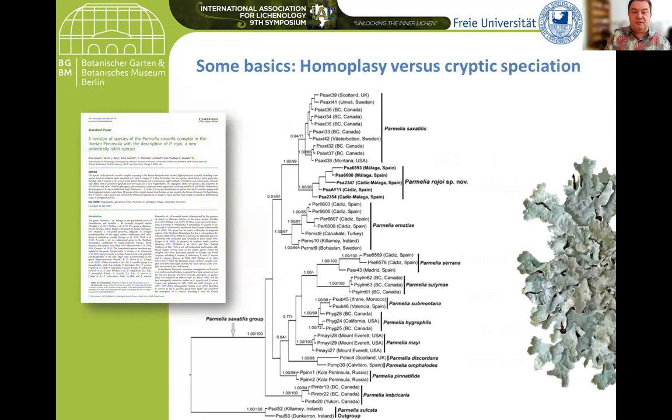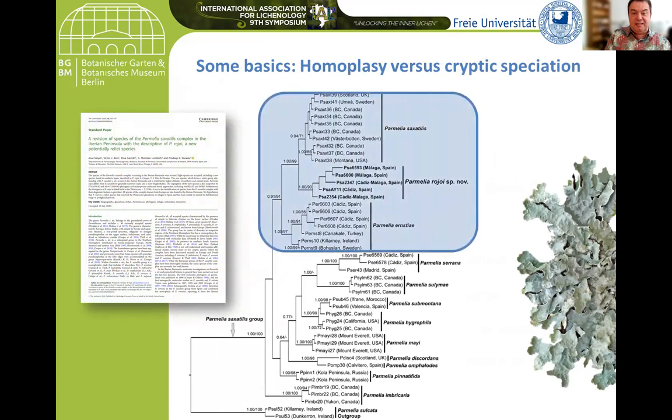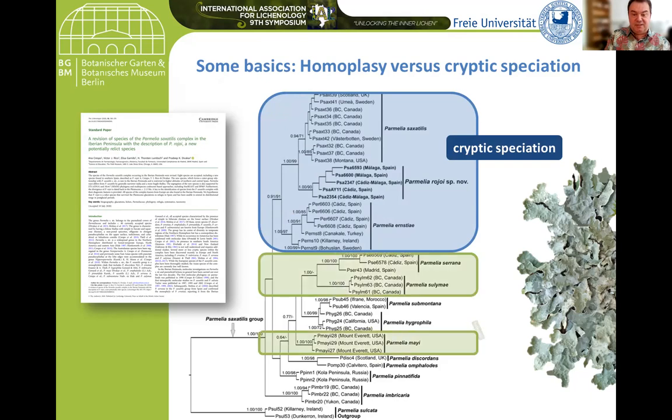Another thing that is often confused is cryptic speciation and homoplasy. And I have here the example of Parmelia saxatilis morphodyme. Here you can see there's one clade as a monophyletic, and there's three species that look like saxatilis, and you can really call this cryptic speciation because it's from one monophyletic clade. But there's also other species that look like saxatilis in a different clade. And this would actually be homoplasy.